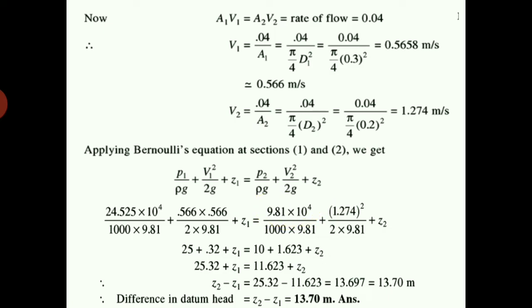Then 1000 into 9.81, that is rho into g, plus V2 square by 2g, where V2 we have calculated over here, and plus Z2. After doing the calculation, we can see the difference between Z1 and Z2 is equal to 13.70 meter.